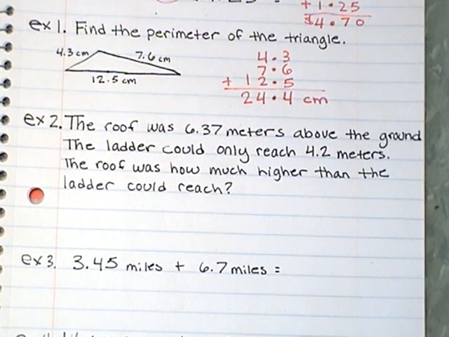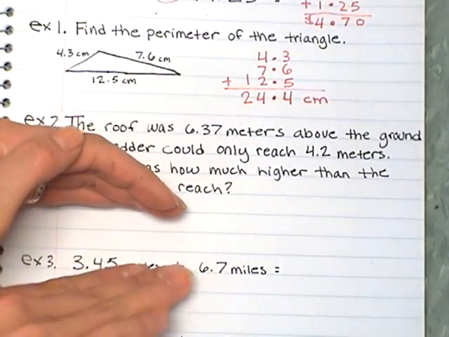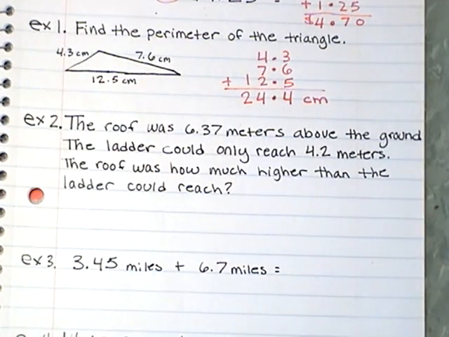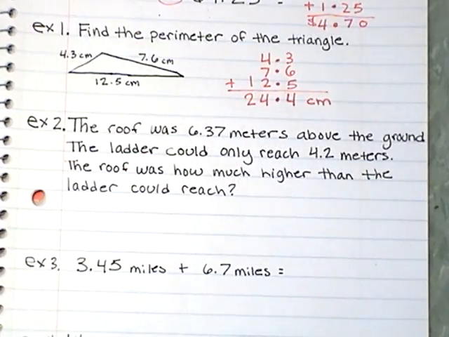Alright, so we're going to be doing a subtraction problem here. So the roof is all the way up here and our ladder can reach only this high. So we want to know what's the difference. How much higher was that roof from that ladder?